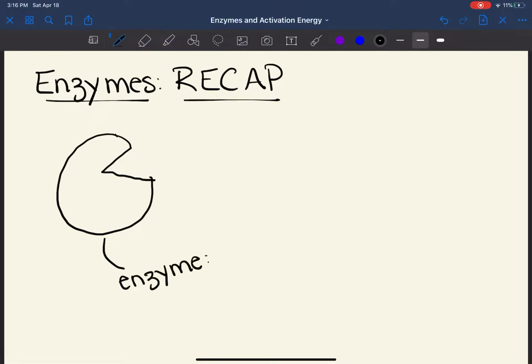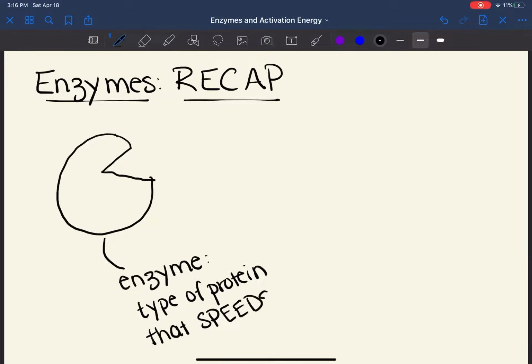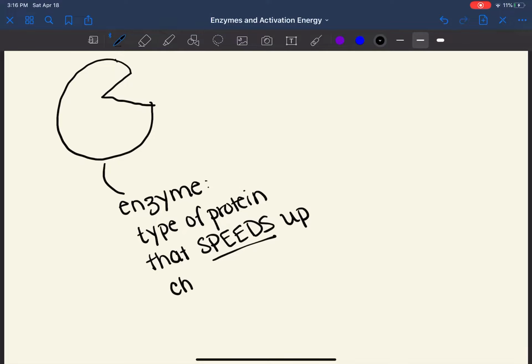Remember, your enzyme is a type of protein that speeds up chemical reactions. And they're really important for a lot of biological processes that occur in our bodies. So throughout this lesson, I'm going to be abbreviating reactions as RxNS.